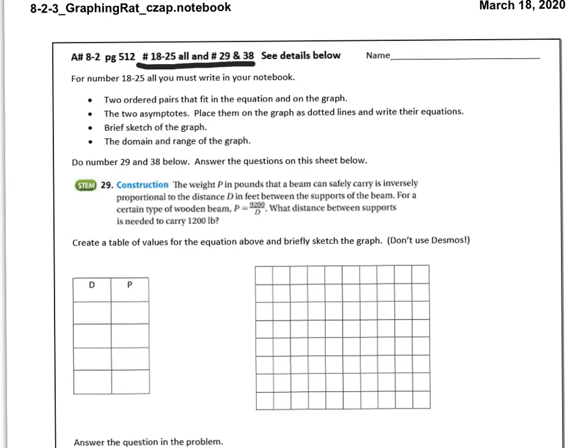Your homework assignment for this is going to be these problems here from your book, and I also have this copy here for 29 as you do these last two, number 29 and 38. This digital copy will be available for you to print off, or you can put it in your notebook. It's about working on construction, about the pounds a beam can carry over a distance.